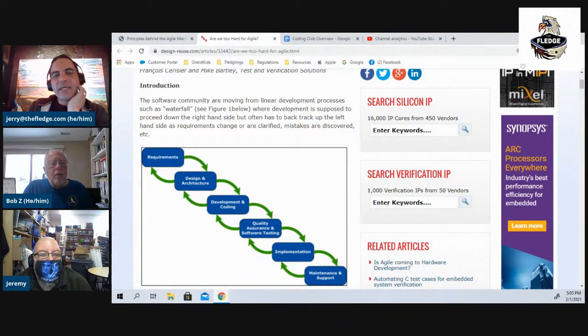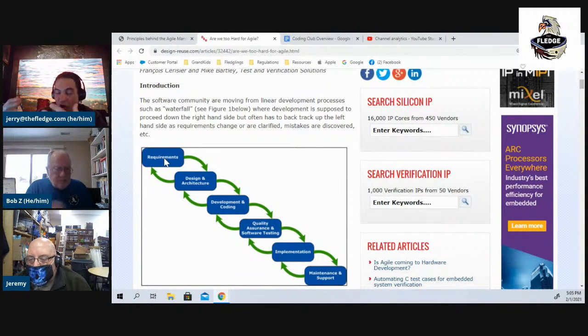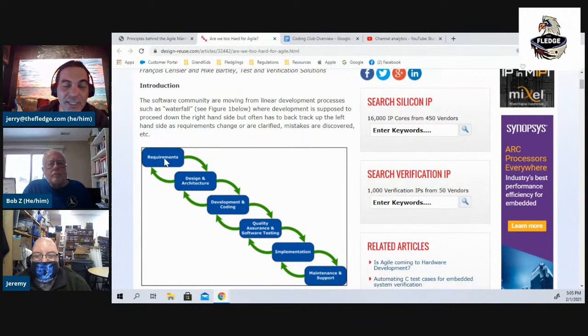What Bob was talking about, and what Agile tries to combat, is this: in the old days, and this is what I was taught in college, I had a software engineering class at University of Michigan, and we had to write out requirements documents and design documents, and then have a test plan and this whole QA methodology.